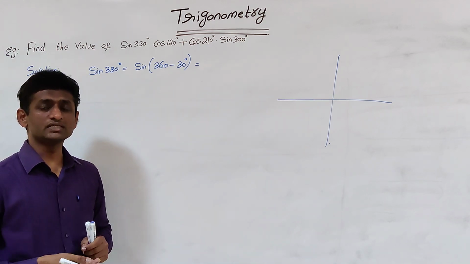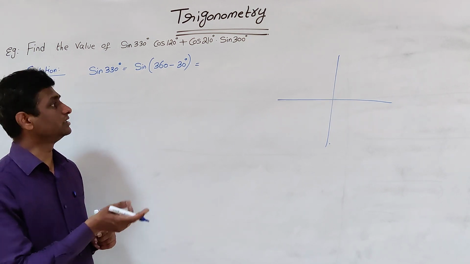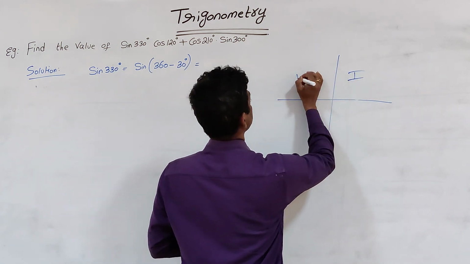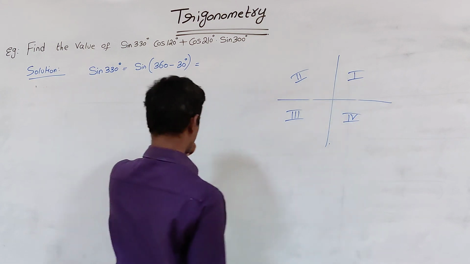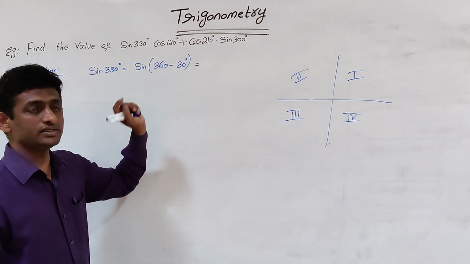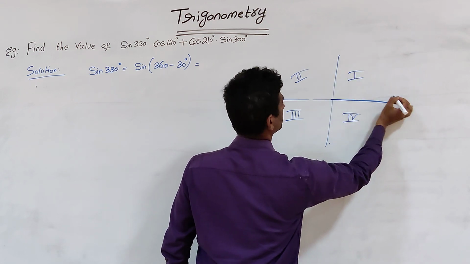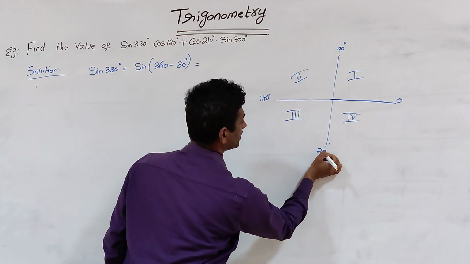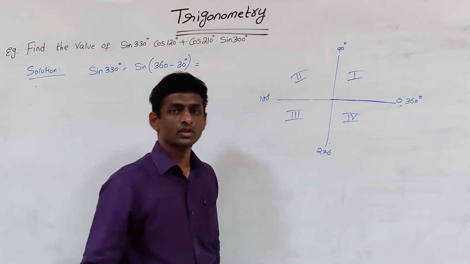But when it will be plus or when it will be minus, we have to decide in which quadrant it lies, that is the first quadrant, second quadrant, third quadrant or fourth quadrant. So 360 means 0 degrees, 90, 180, 270 and again it comes to 360.